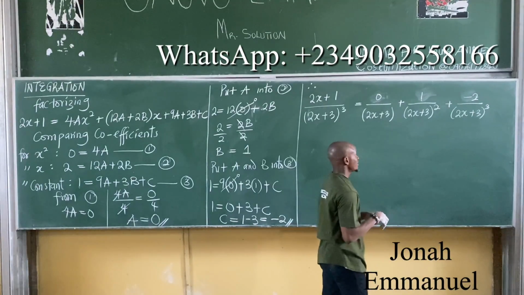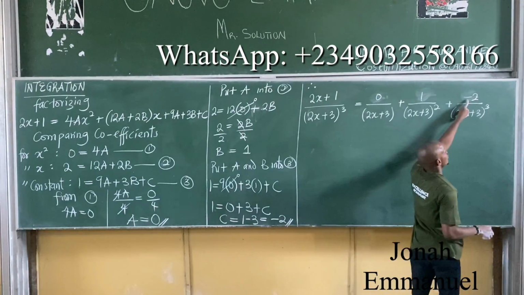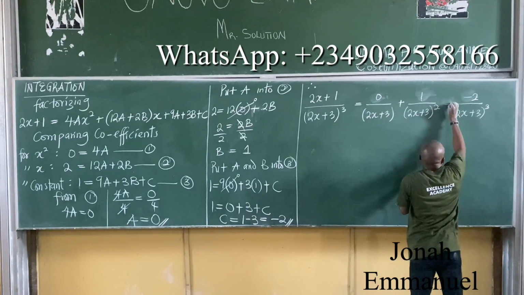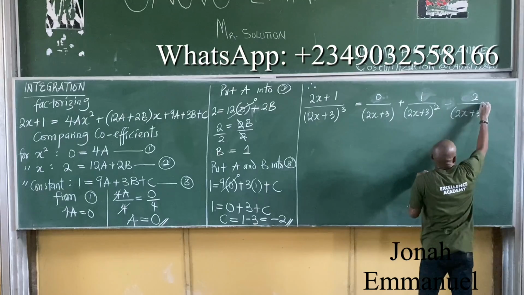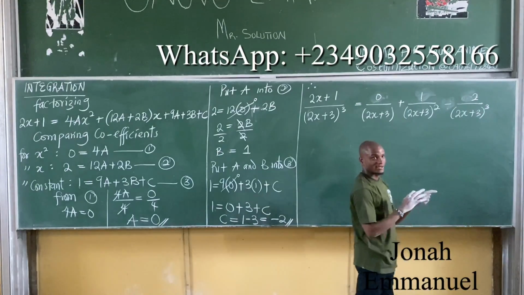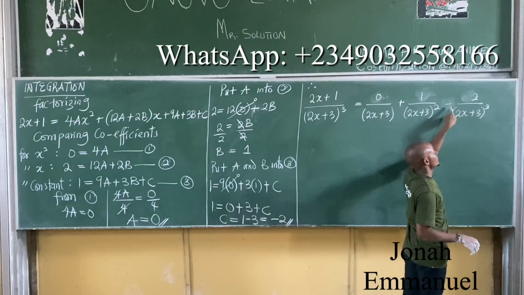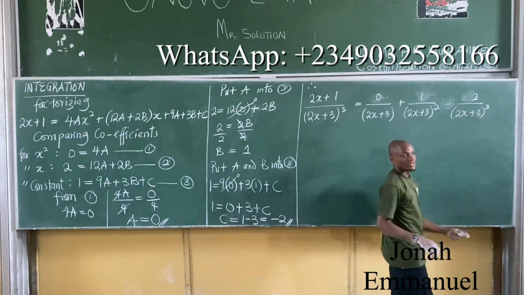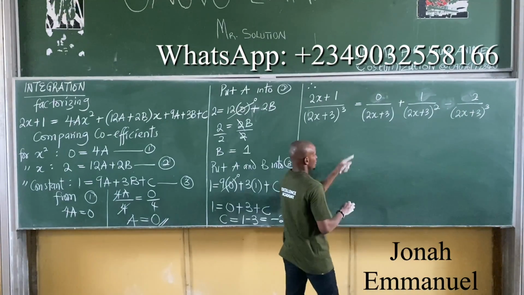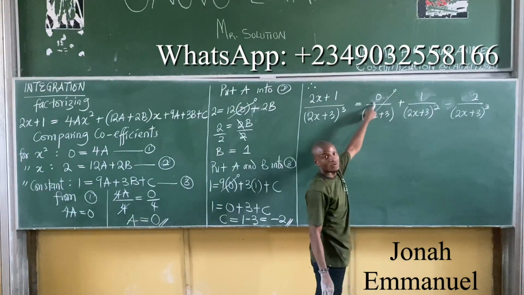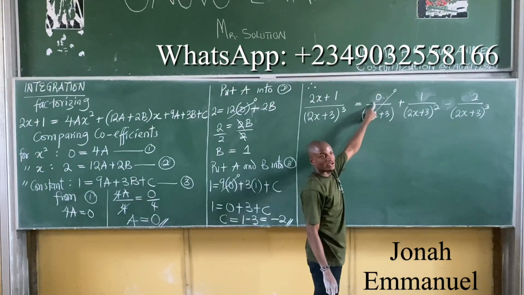So this is what happens here. C is minus 2. This minus comes down here. Plus minus 2, take this minus down here. So I have this. You see what there? 0 at the numerator gives you 0, so it's off.